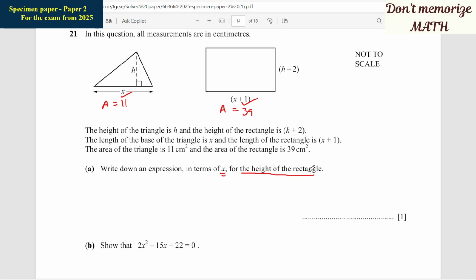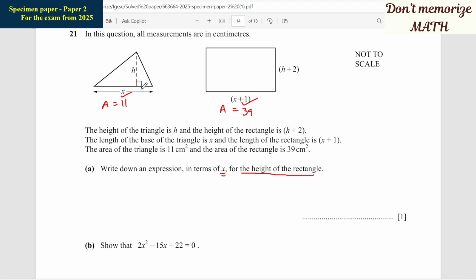Write down an expression in terms of x for the height of the rectangle. Now it is only 1 mark. So we have to write the height of the rectangle in terms of x. These x and h are the same. I hope you know that the area of a triangle is half bh.